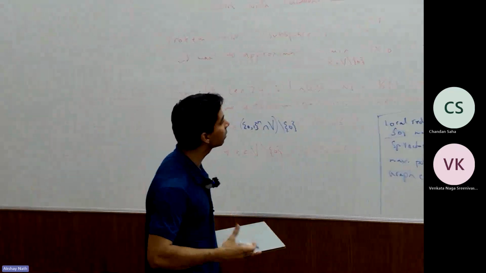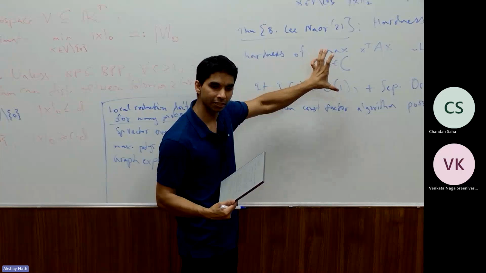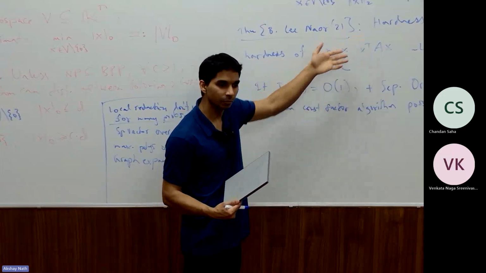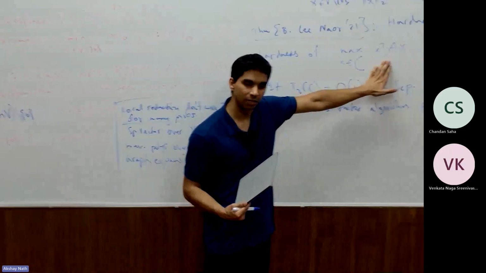So in other words, if you can show NP hardness of this problem, you approach a characterization of when quadratic maximization over a convex set is possible and when it isn't. This is a very expressive class of problems.